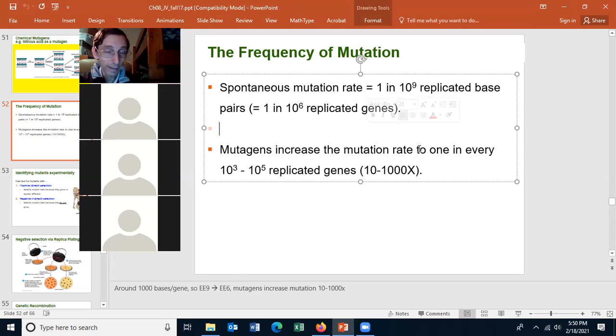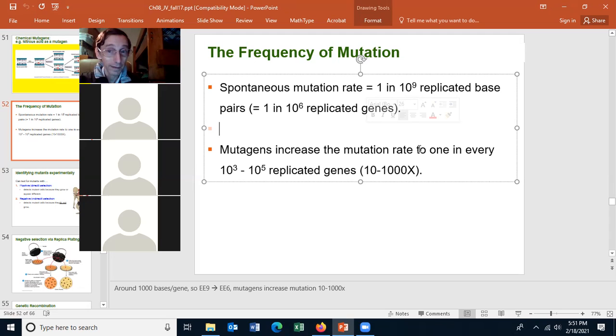So if you're a cigarette smoker and you're planning on having children, you will increase the risk that your child will be mutated if you continue to smoke. That's just a thought to think about. Any questions about that? Are these numbers explanatory?